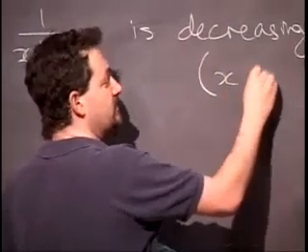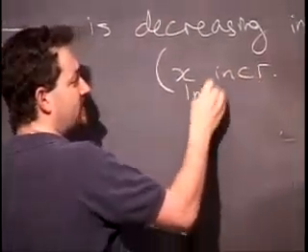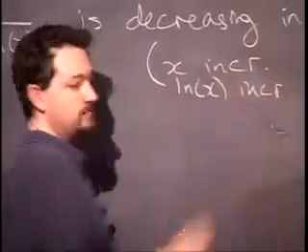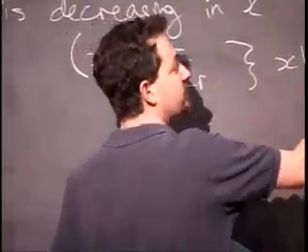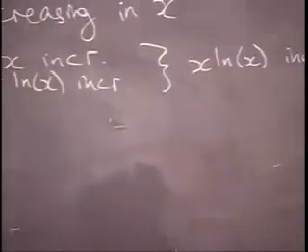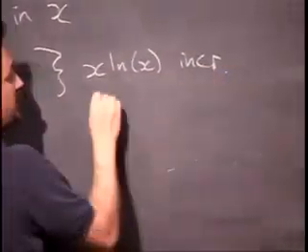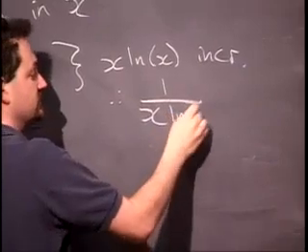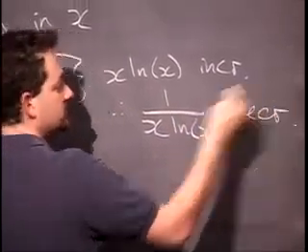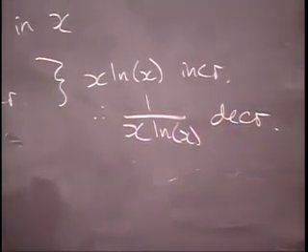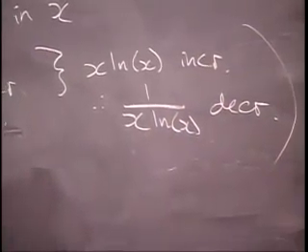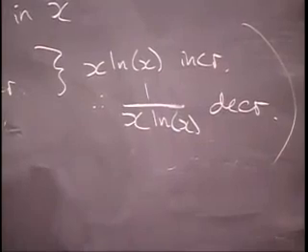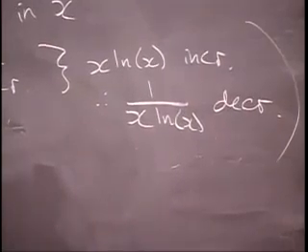But in fact, even easier is that x is increasing, log x is increasing, right? Goes up. Therefore, x log x is increasing. If you multiply two increasing functions, you surely get an increasing function. And therefore, the reciprocal is decreasing. That's a little bit of justification without using any calculus. Common sense, really. Now that is an important condition because the integral test requires it.